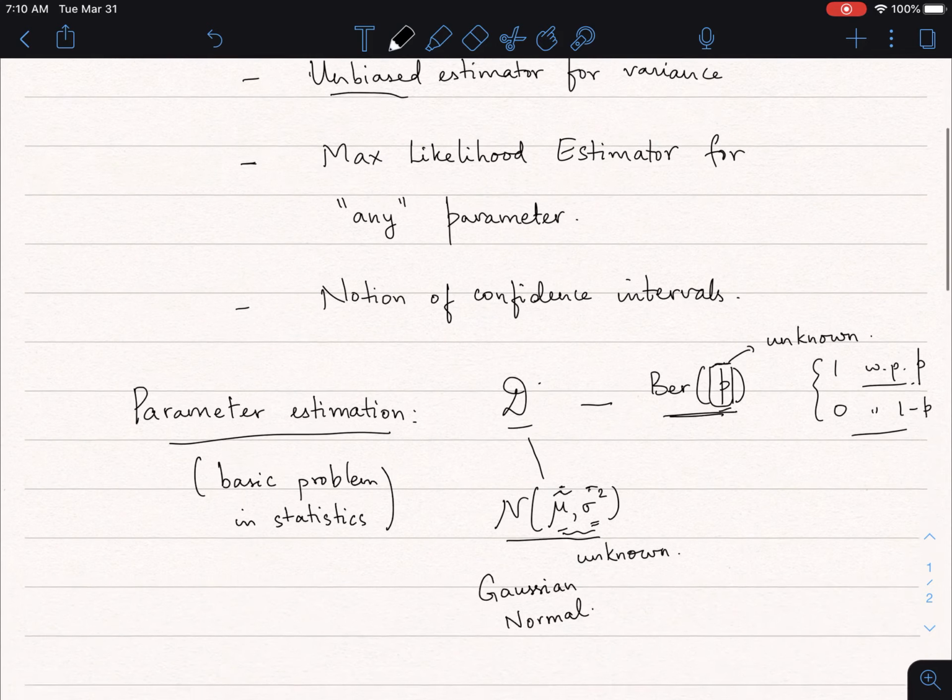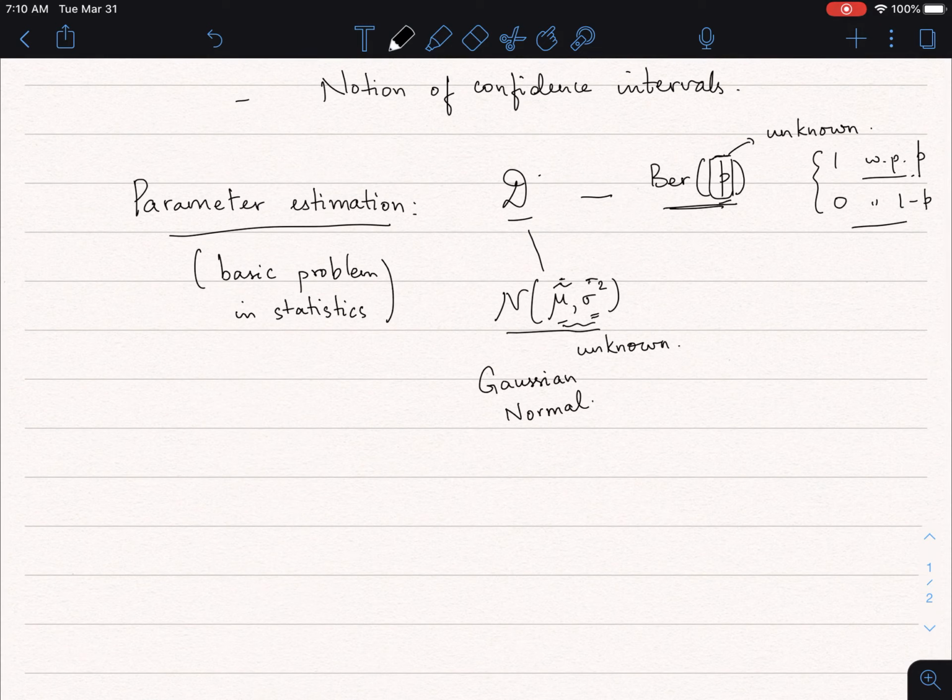The simple example we saw last time is the Bernoulli distribution.